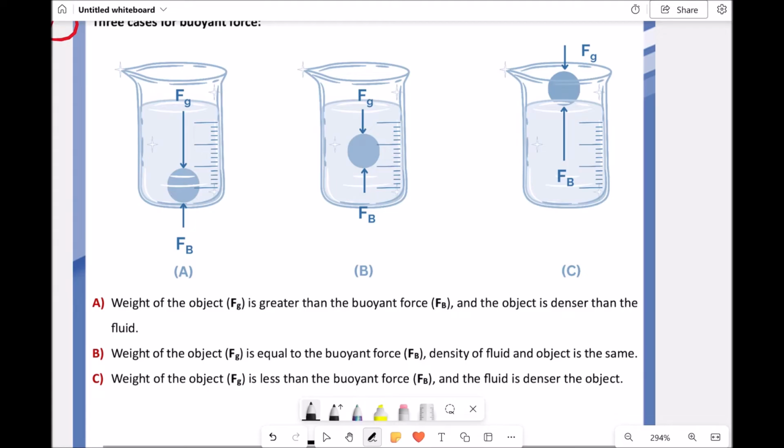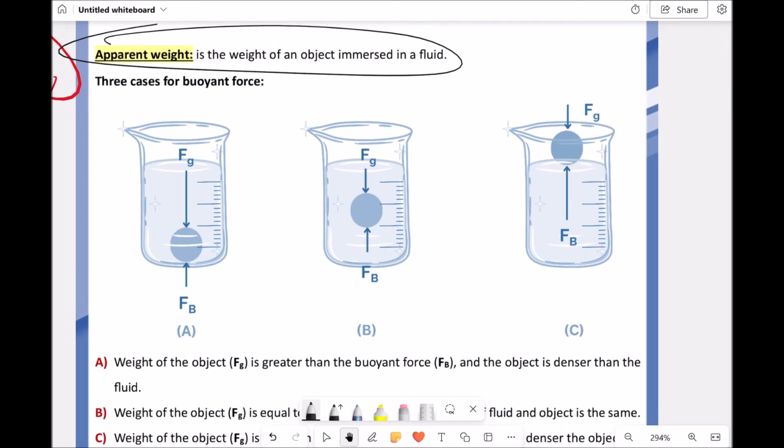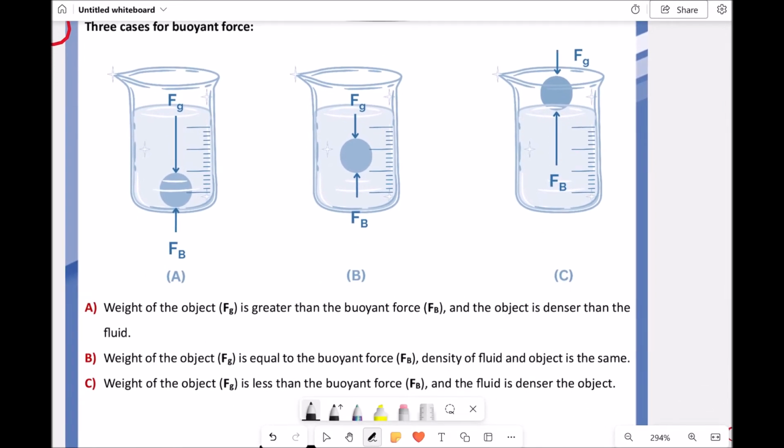When the object is completely sinking in the fluid or in the water, the Fg, or the weight of the object, is greater than buoyant force, okay? Or you can say that the density of the object is greater than the density of the liquid that you have, which is water here.